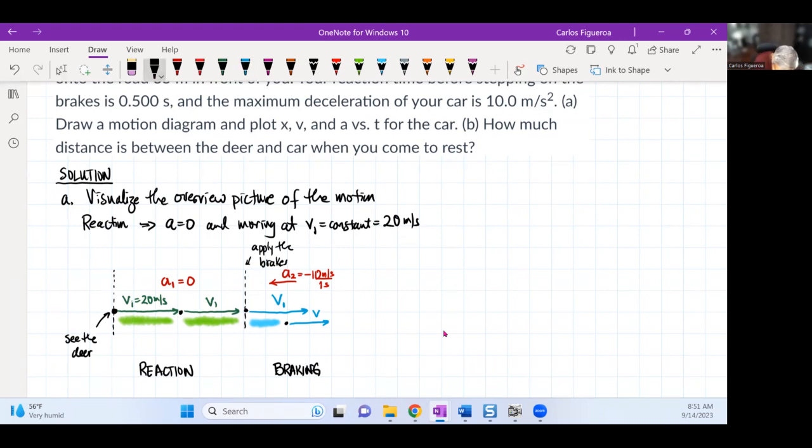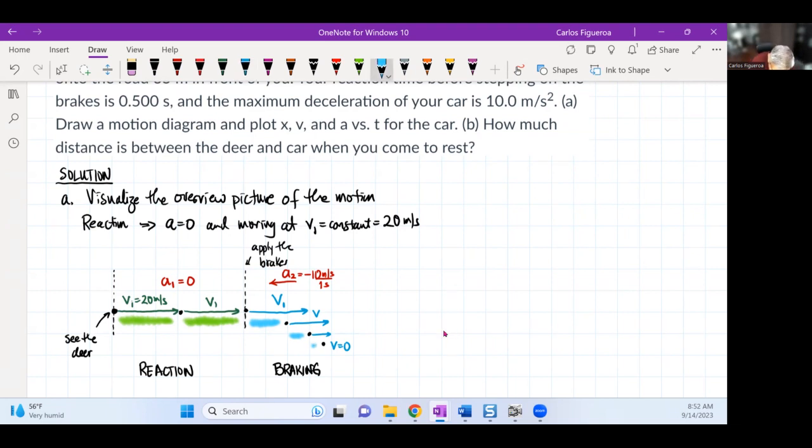I'm going to continue to reduce this because you can see that this is getting smaller. And at some point, this is where I stop. If I stop right here, that's going to be my final velocity right there.